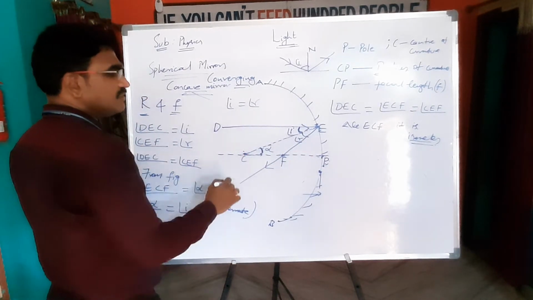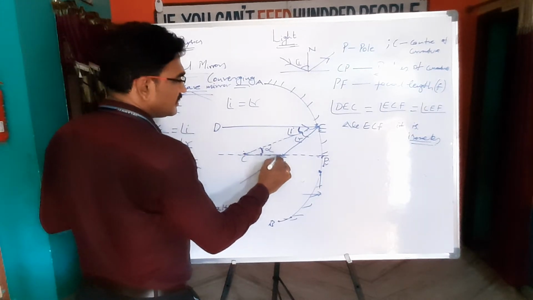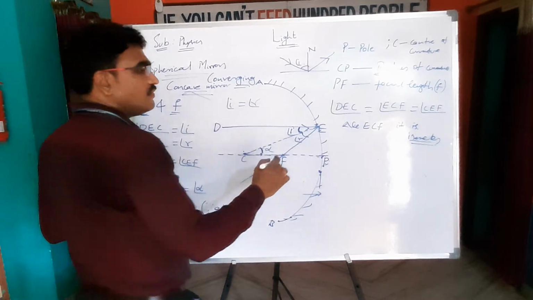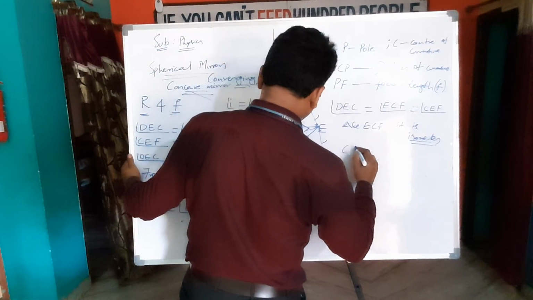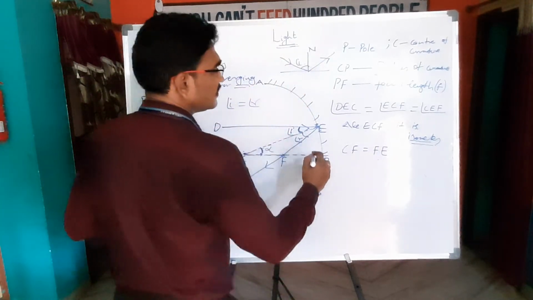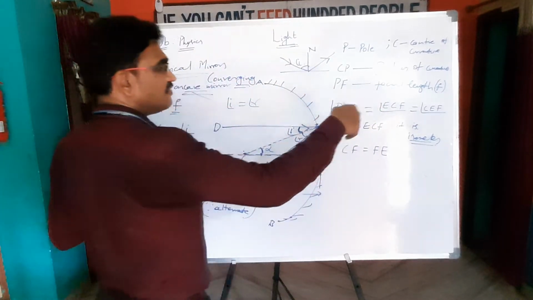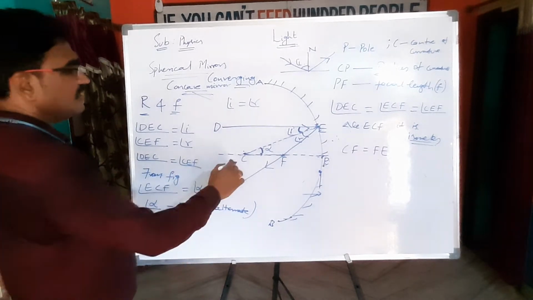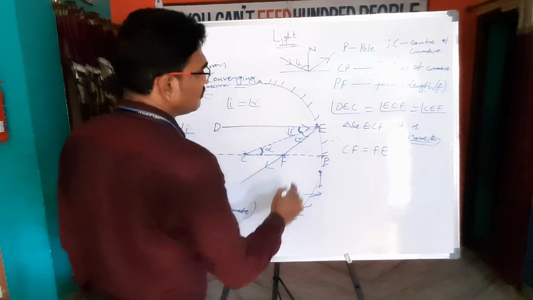As it is isosceles, I can say this side CF and FE both are equal. So CF is equal to FE. Therefore, as triangle ECF is isosceles, we can say CF is equal to FE.